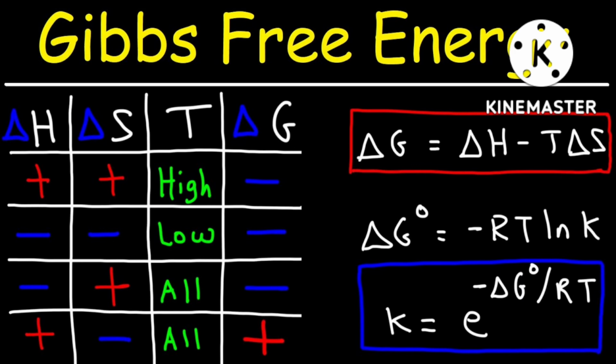If you see the balanced equation, 1 mole of N2O4 is giving 2 moles of NO2. It means 0.5 mole will give 1 mole of NO2, double. Correct? This is a very important thing.